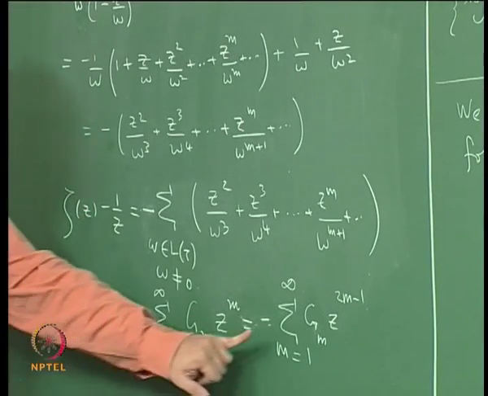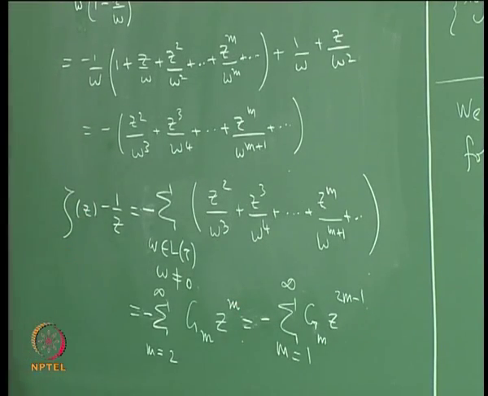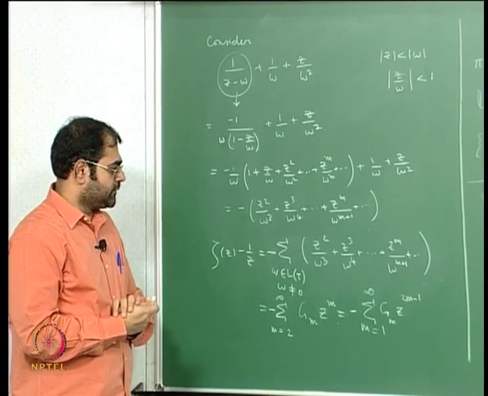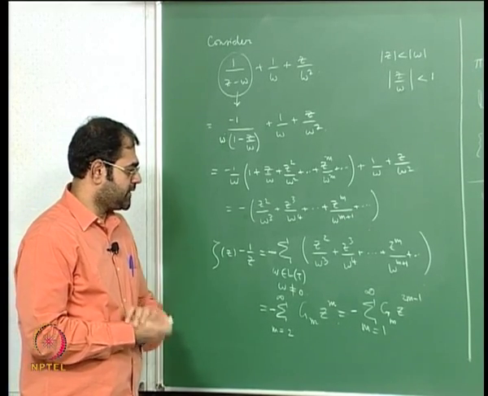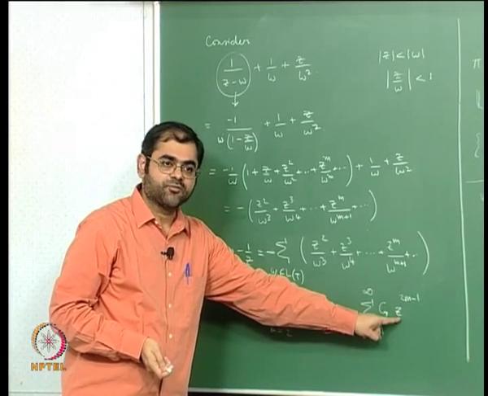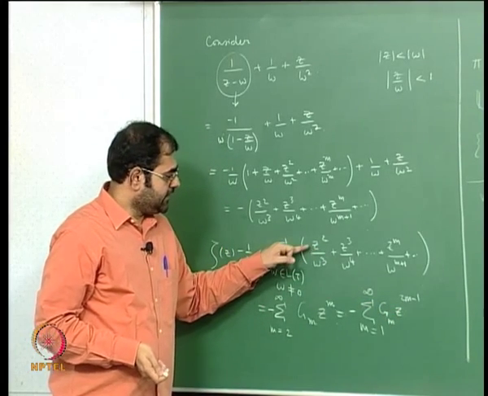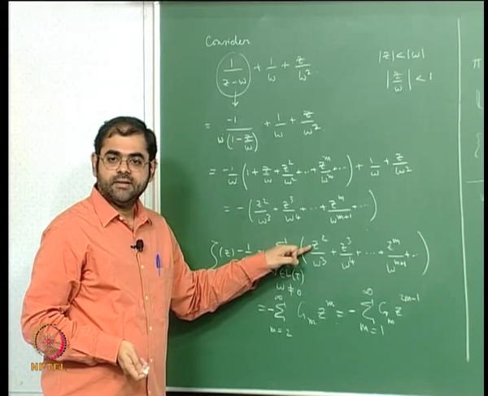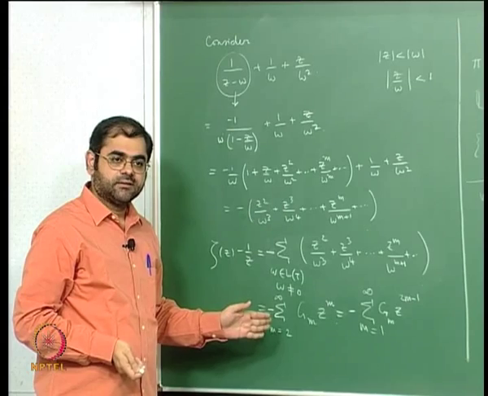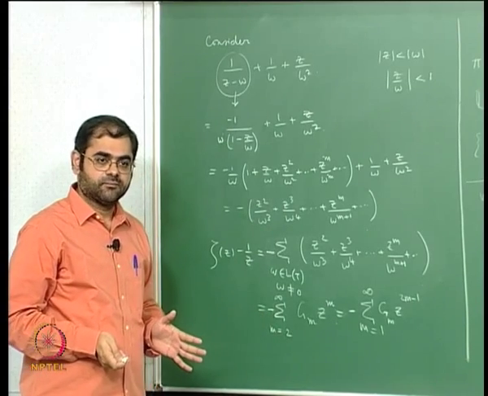Now I am rewriting it only in terms of odd powers of z, namely z cube, z power 5 and so on. That is because if you keep z squared, for example, and sum over all the coefficients, that will become 0, it has to become 0.